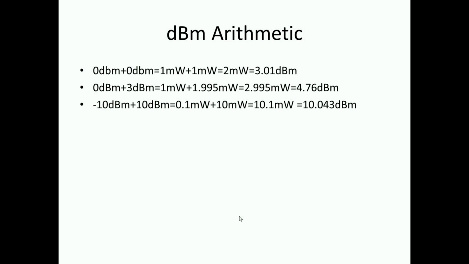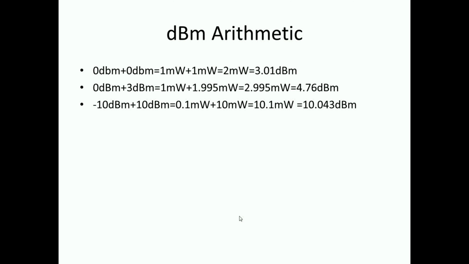And this page is the arithmetic, how we can add and subtract dBm. We cannot directly calculate 0 dBm plus 0 dBm. Instead we have to convert to milliwatts or watts and then calculate.